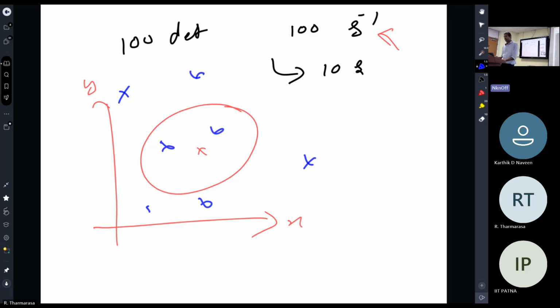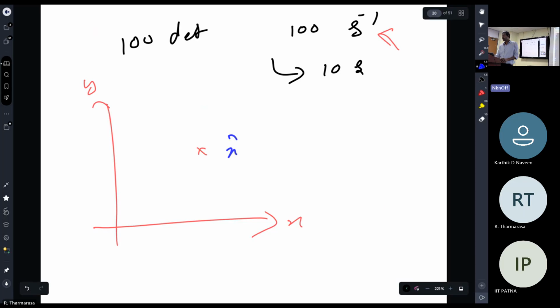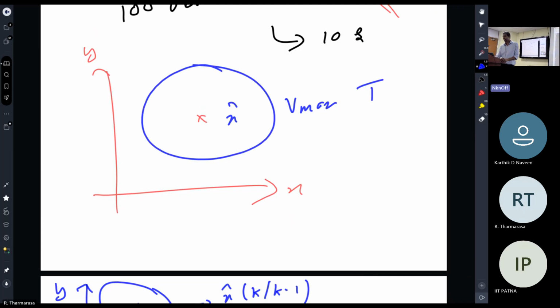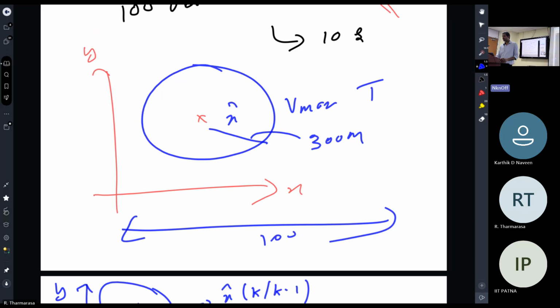What we do is simply this. You have your X hat, you know the B max, and you know the capital T. So you draw a big circle around that, say the radius is, for example, 300 meters. But your whole coverage could be 100 kilometers, so in a 100 by 100 kilometer range, 300 meters is nothing.